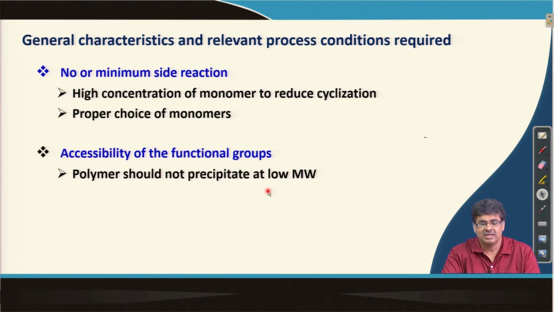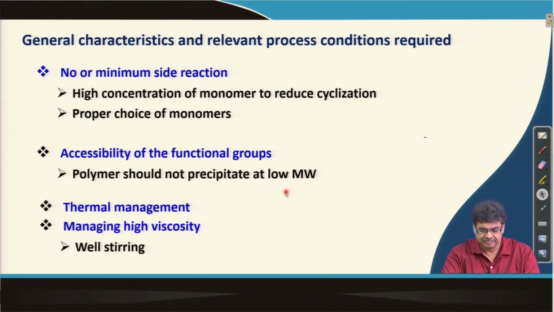So, it should be soluble in the medium or the reaction mixture, especially in the low molecular weight region. If the polymers which are getting synthesized get precipitated from the reaction mixture at lower molecular weight, then it is not possible to build high molecular weight.